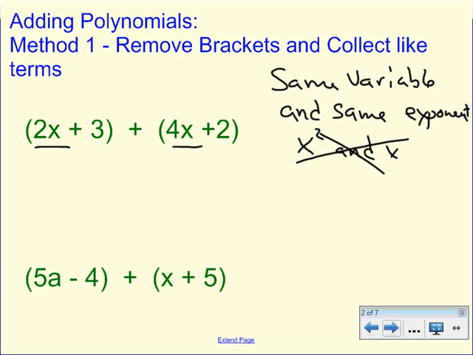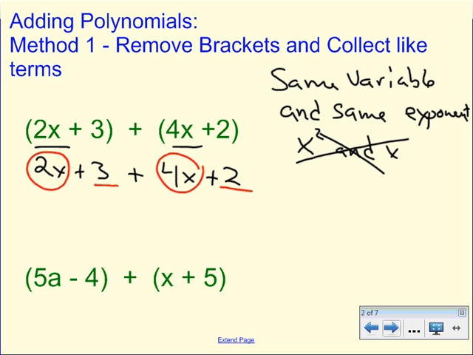So I'm going to rewrite it 2x plus 3 plus 4x plus 2. 4x, 2x are like terms, 3 and 2 are like terms. So I'm going to rewrite this so that all the like terms are beside each other. So this is 2x plus 4x plus 3 plus 2.